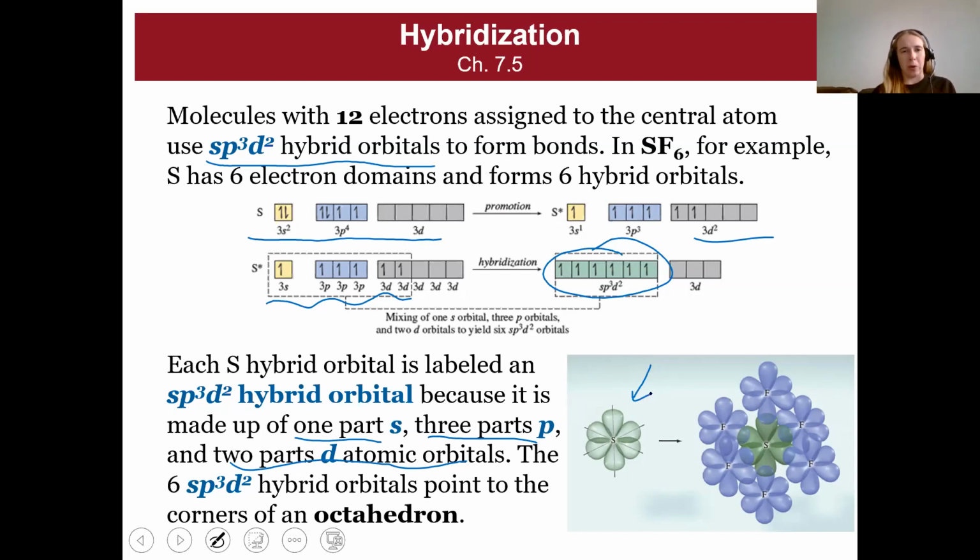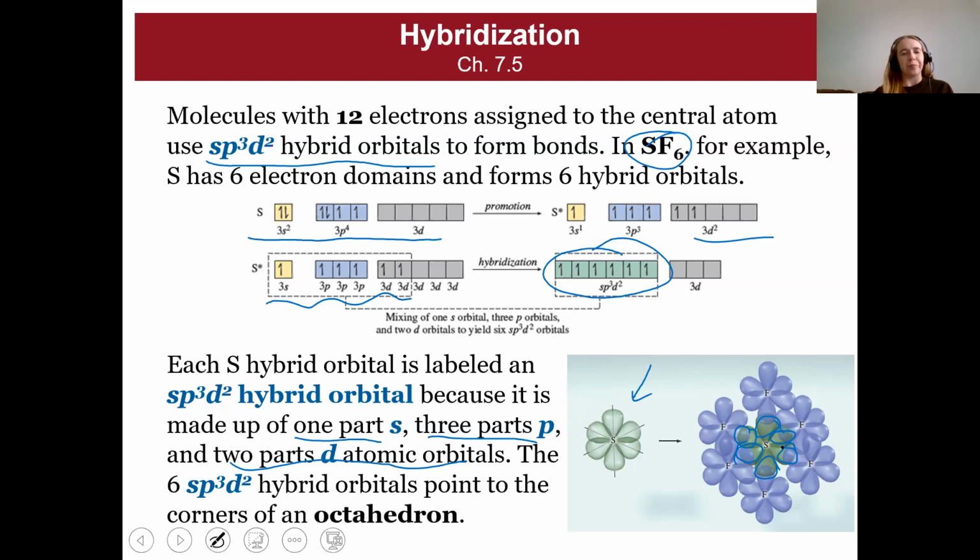And if we want to have a good time, we can add our fluorine orbitals to show this overlap that happens here. It gets real messy because fluorine also has a bunch of p orbitals that are doing the overlapping.